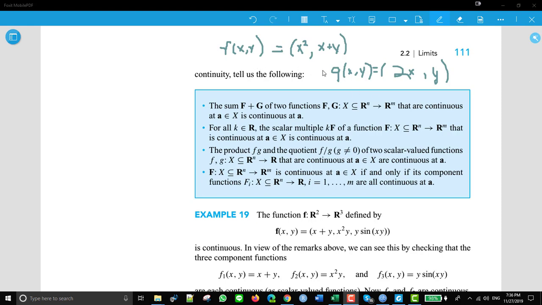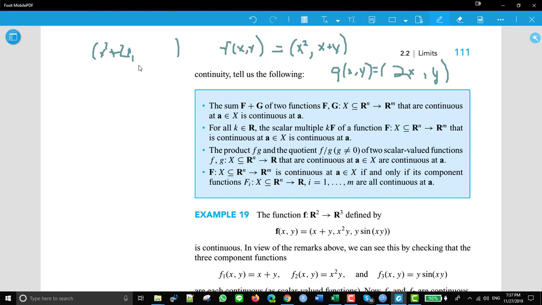So that's a new function. The first component of f plus g is not x squared, it's not 2x, it's the sum of those: x squared plus 2x, sorry about this writing. And then the second component is x plus 2y, actually.